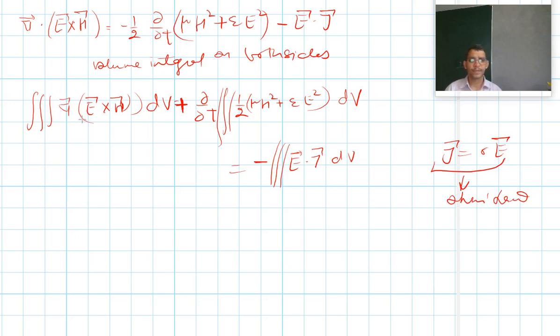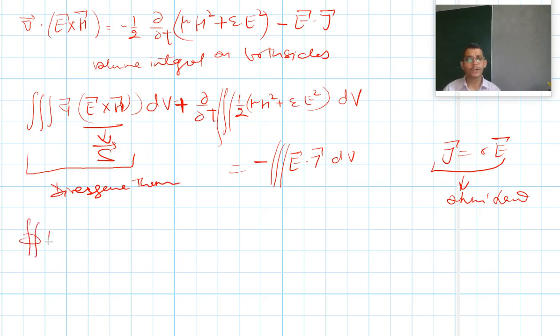If I use this here and put E cross H as S vector, as a Poynting vector, and if I apply Gauss's divergence theorem here, then it will become the surface integral of E cross H, not equal to, but plus, curly over curly t of 1 by 2 mu H square plus epsilon E square, not 1 by 2 but epsilon.